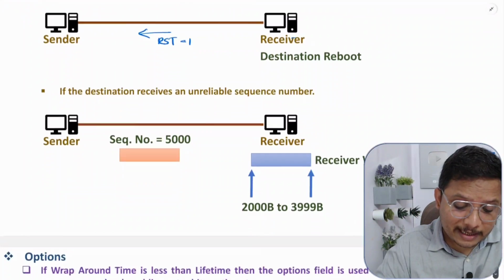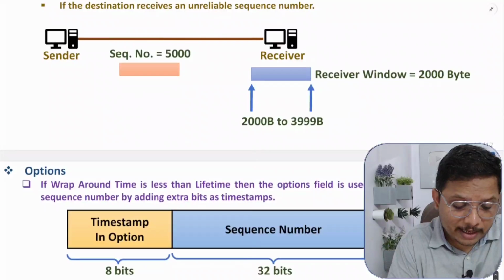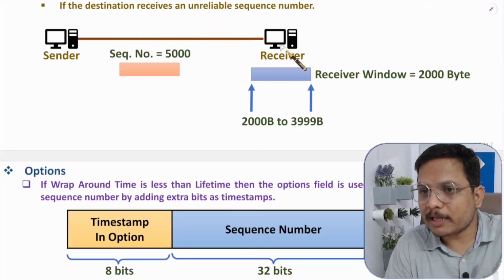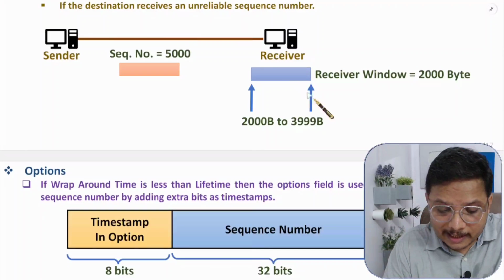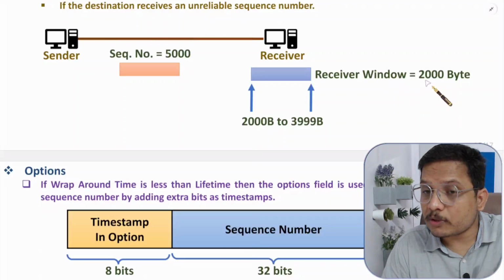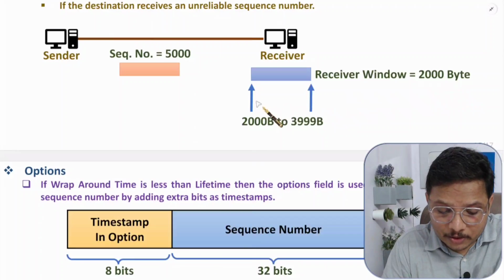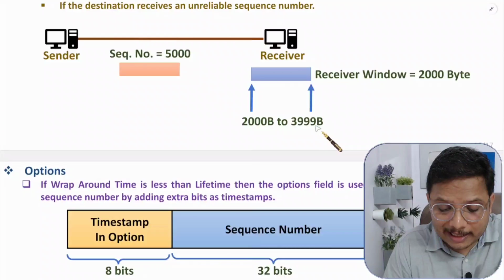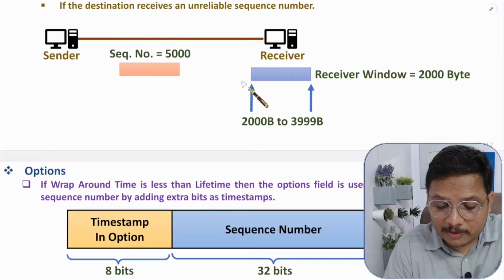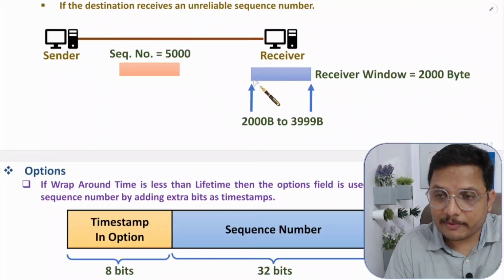Let me tell you the second scenario. Here you see the sender and receiver are both communicating with each other. The window size is 2000 bytes. Let us assume the sequence numbers 2002 to 3999 are how the sequence is available with this receiver window.